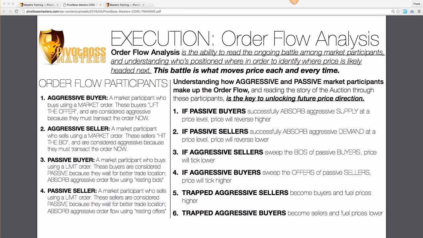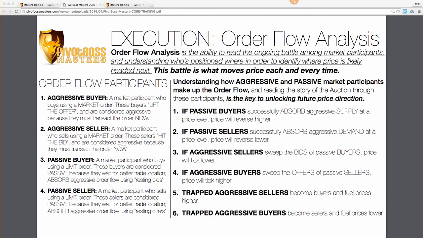On the other hand, you have passive participants. And so you have an ongoing battle between aggressive buyers and sellers and passive buyers and sellers. So if someone's hitting the bid, or if someone's lifting the offer, right, using market orders, then there's someone on the other side using limit orders that is absorbing that supply or demand.